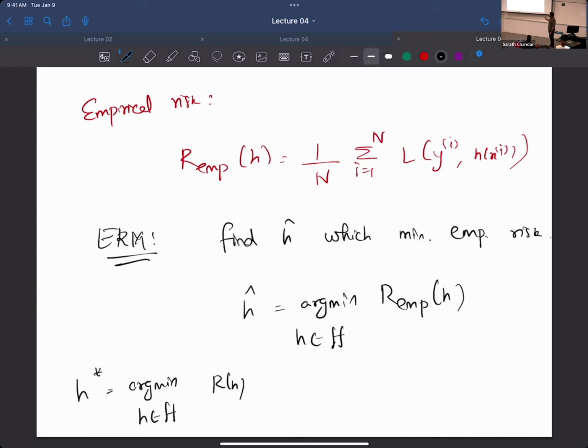Now, the second approximation is because I cannot compute R of h, I'm going to compute R empirical of h, which is the empirical risk on just the training data. And that is going to give me only h hat. Is it clear?